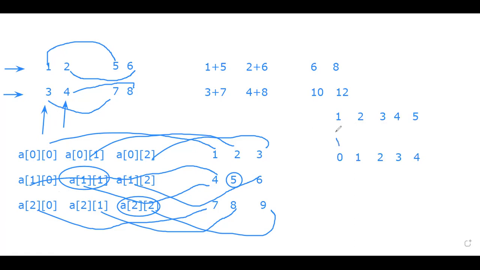This is the index number for this, and for this, and for this, and this. Now, if you ask what is the position of 3, we can say it is at index number 2. What is the position of element 5? Index number 4. So this is the concept of one-dimensional and two-dimensional arrays.